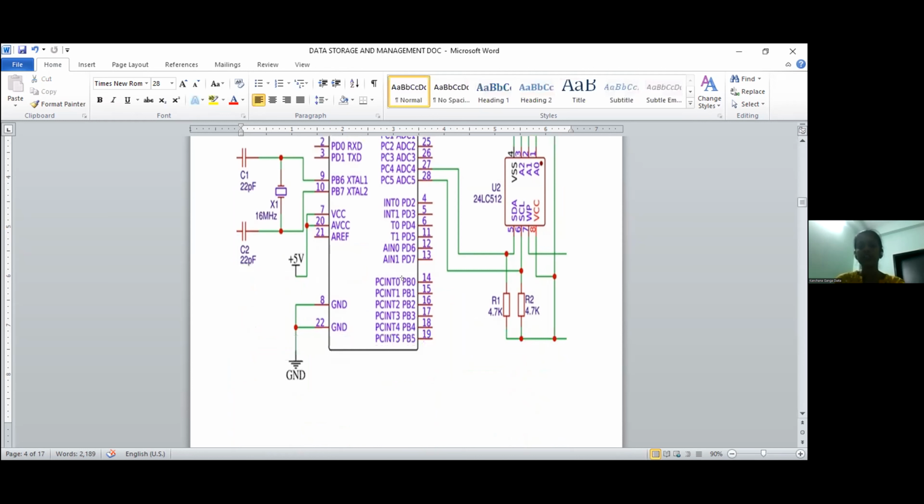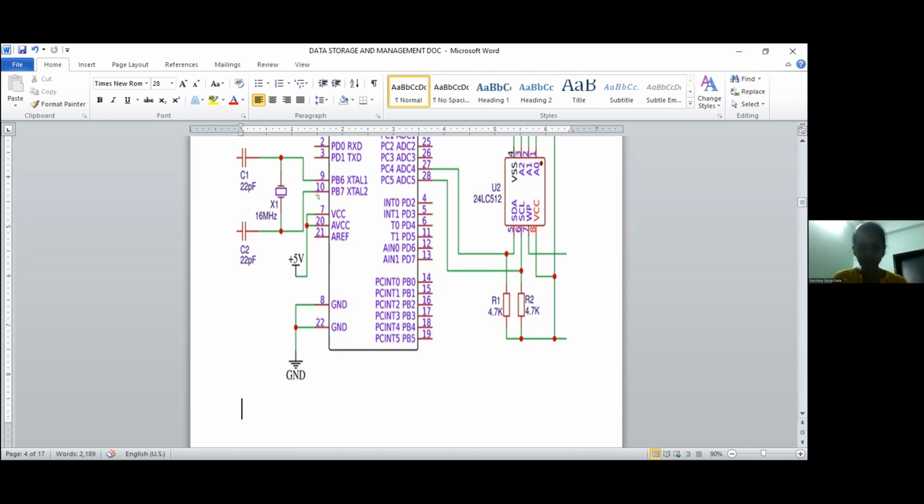For every block, we have interrupts. For every block, we have transmission and receiving pins, which makes communication easy. So the SDA and SCL are connected to pins 6 and 5 of the EEPROM, and the ground pin is connected to 8 and 22. The protection pin is provided at 7. Also, the address pins are provided at 1, 2, and 3.